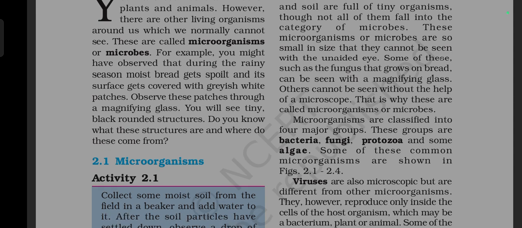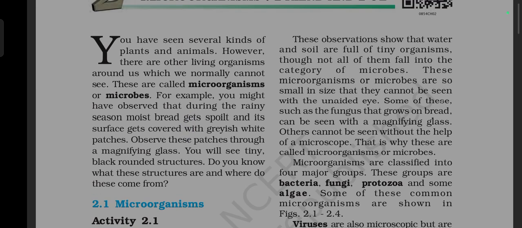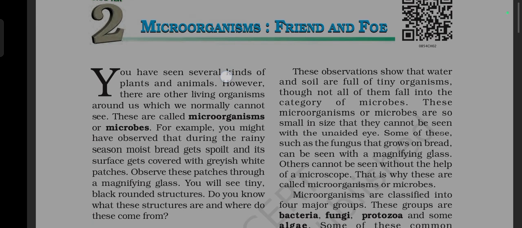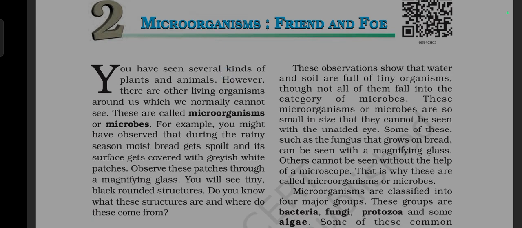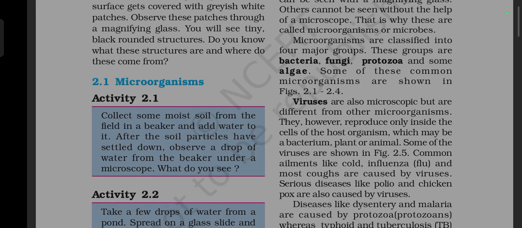You will see tiny black rounded structures. Do you know what these structures are and where do these come from? Microorganisms.